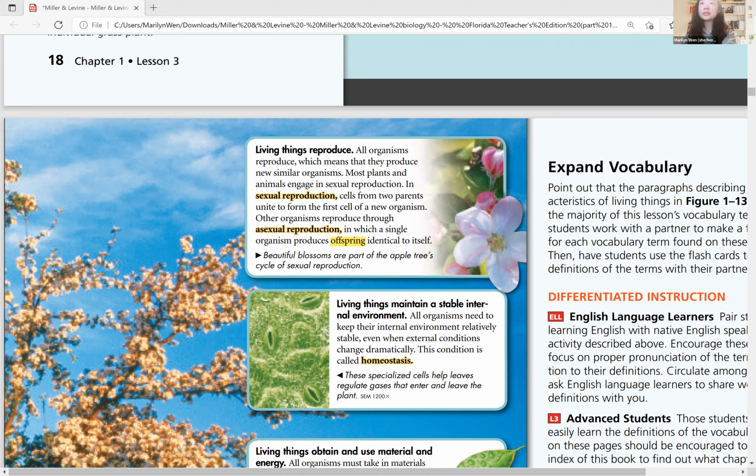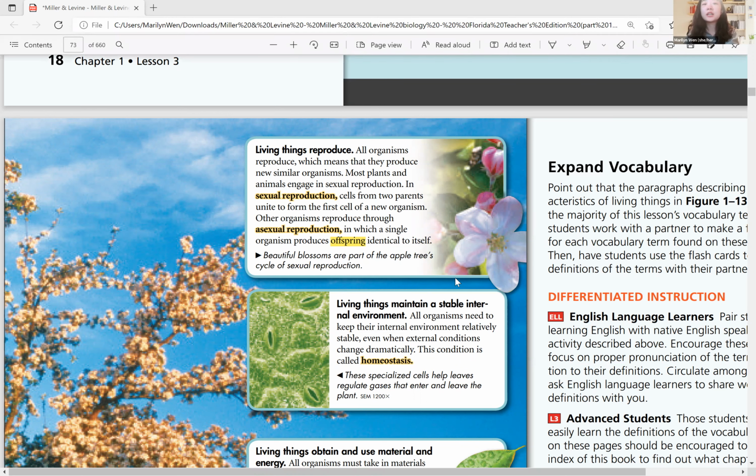What do you think it is from the paragraph? Wait, I think I know this one. Offspring. Like, my son is my offspring. Is that right? Correct. It's just a biological scientific word for children.